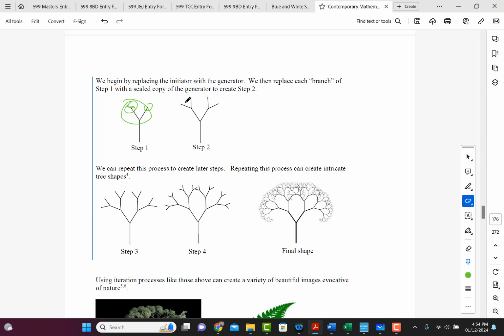But then we get these branches, and in the next iteration, step 3, we're going to split those branches the same way. Okay, and then we're going to split those branches the same way, and so on. And if we keep going, we get a shape very much like this. Which is kind of cool.